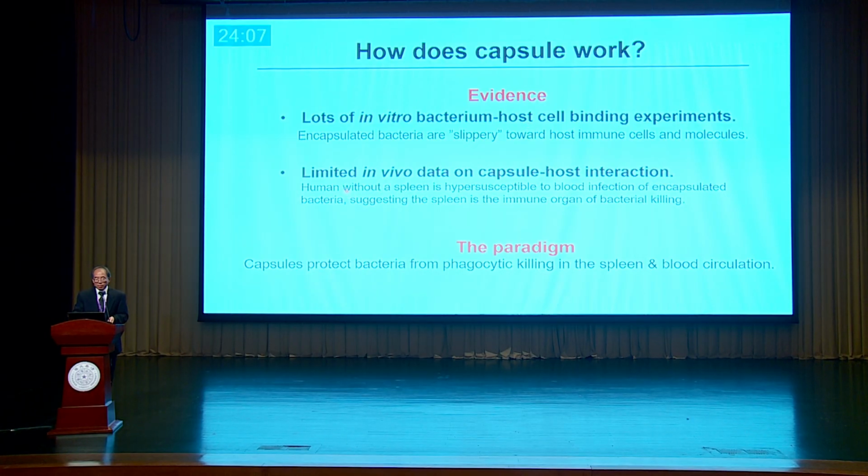There are some limited in vivo data showing that once we encapsulate the bacteria and they get into blood, they will survive, and without a capsule, they won't. So the paradigm is that the capsule protects the bacteria from phagocytic killing. That's absolutely right. However, the last part is that it is assumed to happen in the spleen or the blood circulation, because we have a lot of phagocytes in the spleen and also some phagocytes in the blood.